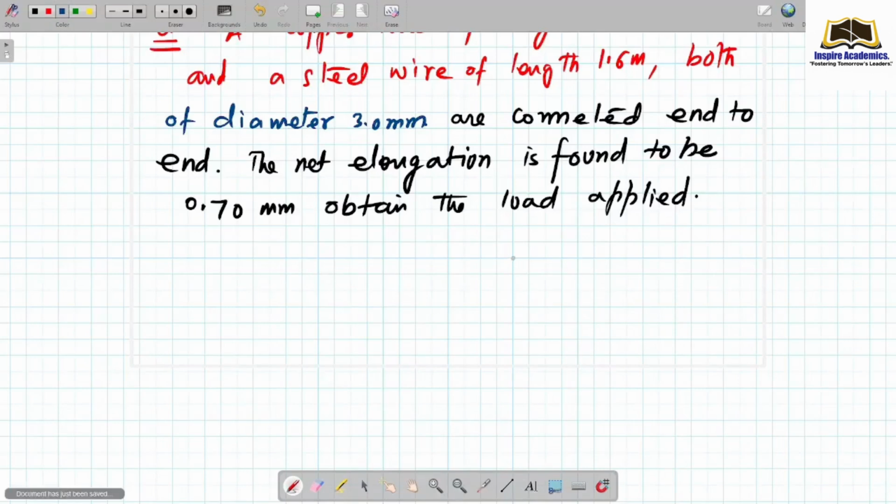You have a wire like this, and you have another wire. Let us say another wire is shown with separate color. So this is one wire, ऊपर वाला.